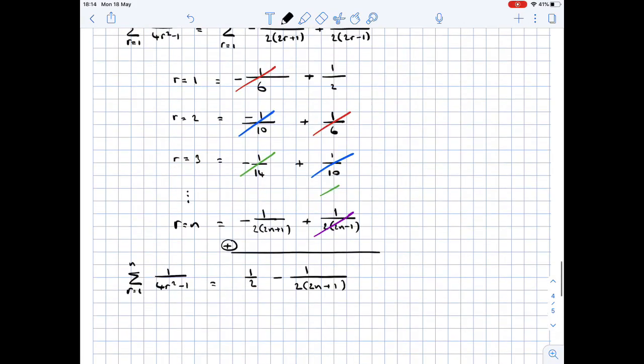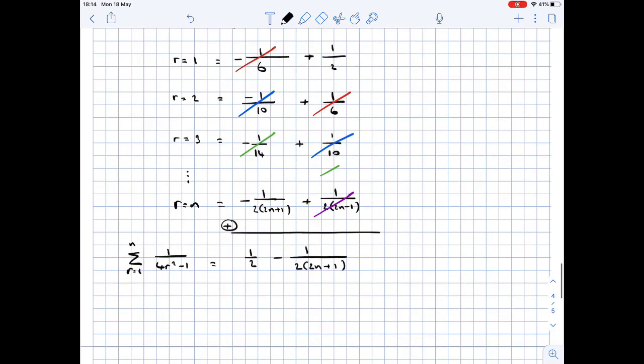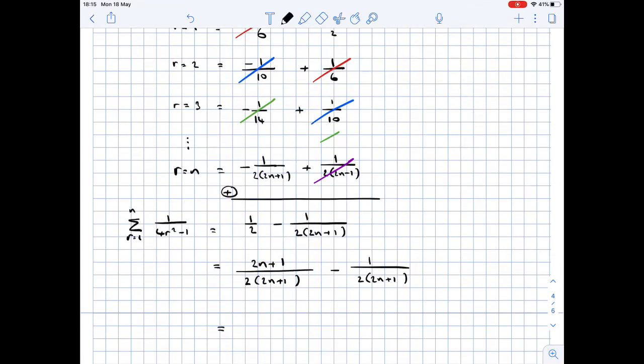So the next step is really just, can we tidy this up a little bit? So as far as tidying it up goes, well, this is going to be (2n plus 1) over 2, times (2n plus 1), minus 1 over 2 times (2n plus 1), which now simplifies down to 2n over 2 brackets 2n plus 1.